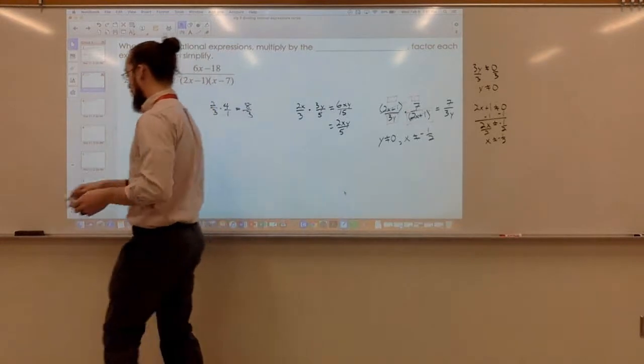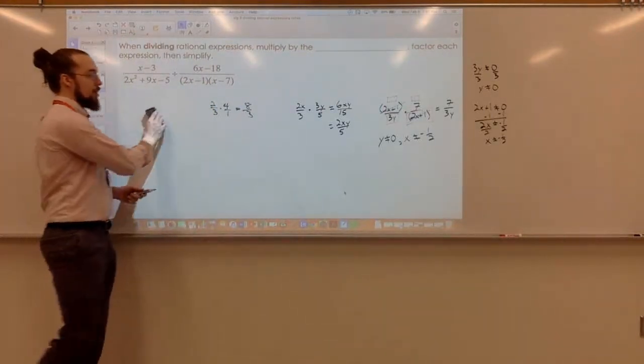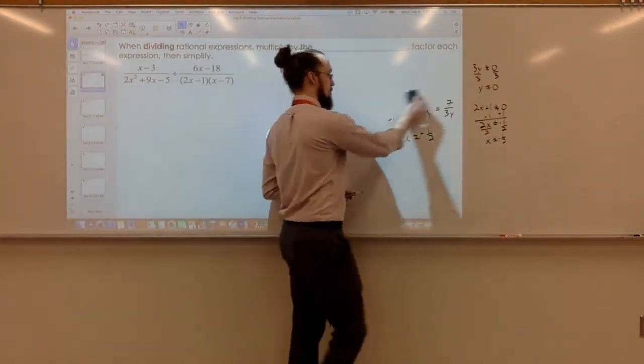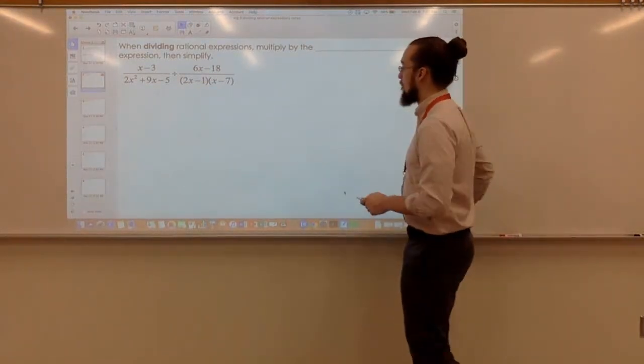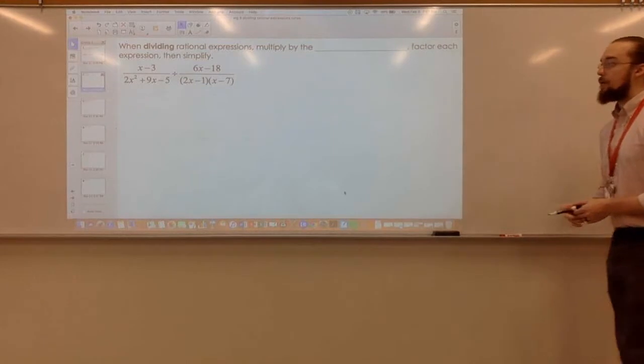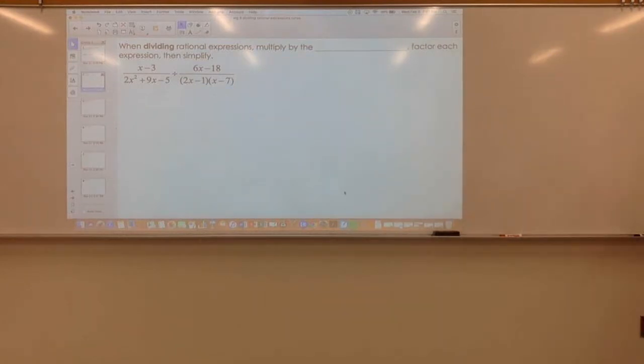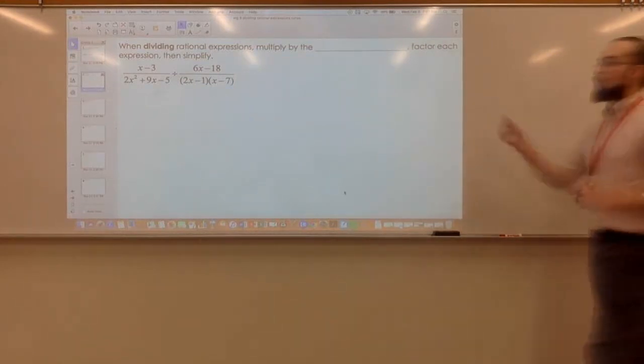Then let's take a look at an actual example here. So what should go in the blank here? When dividing rational expressions, multiply by the reciprocal.